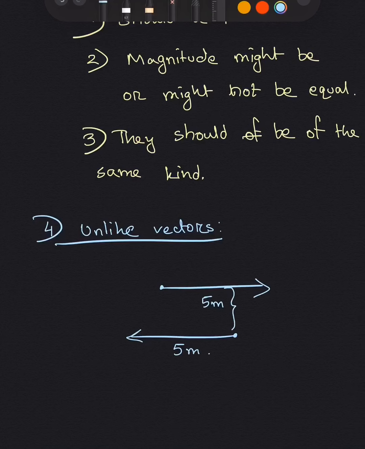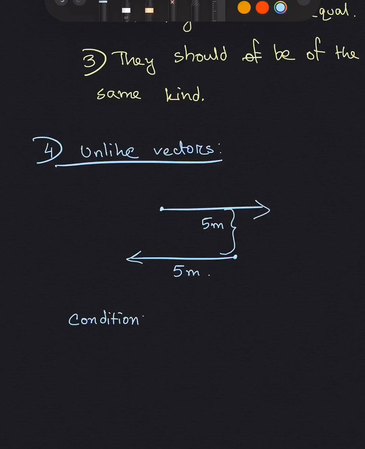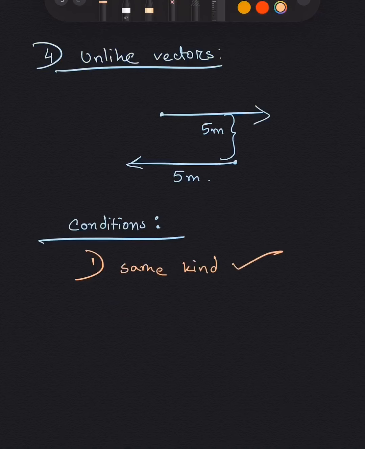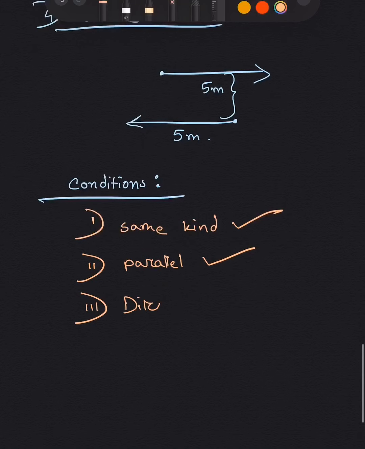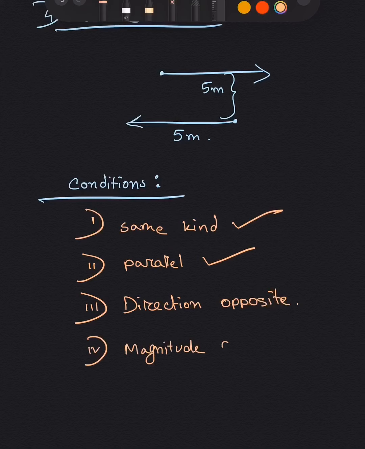Both the vectors should be parallel and they should be of the same kind, but their direction should be opposite. So in this case, the conditions will be: number 1, they should be of the same kind. Number 2, they should be parallel to each other. Number 3, direction should be opposite. Number 4, magnitude can or cannot be equal.